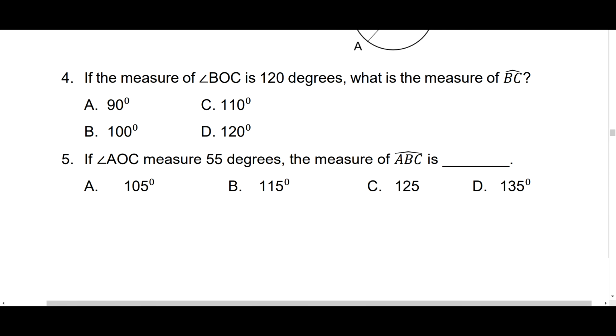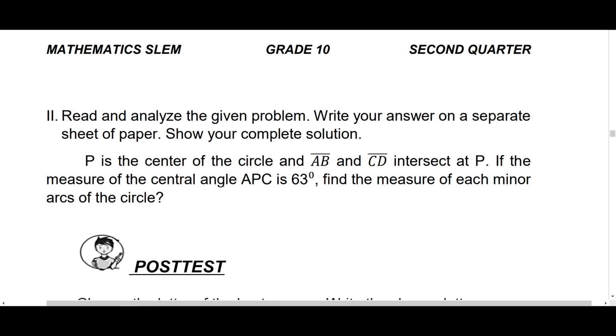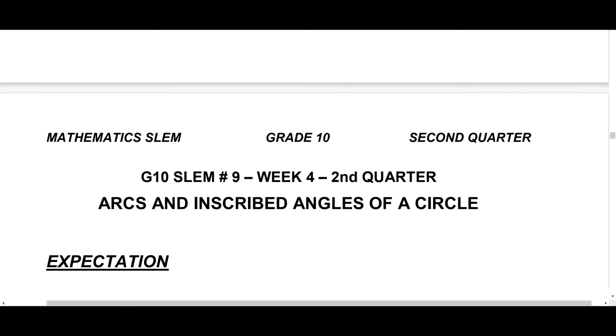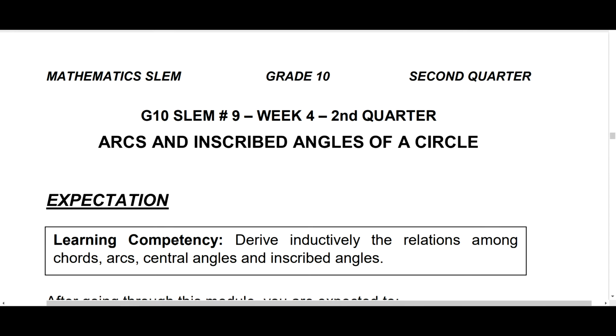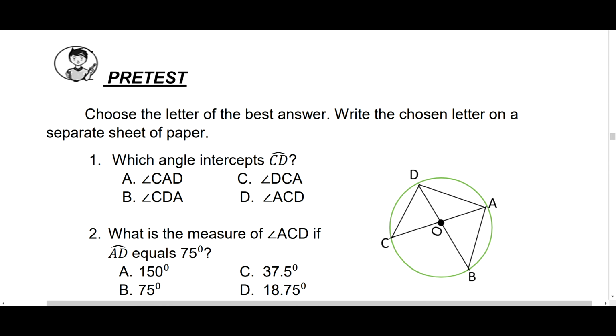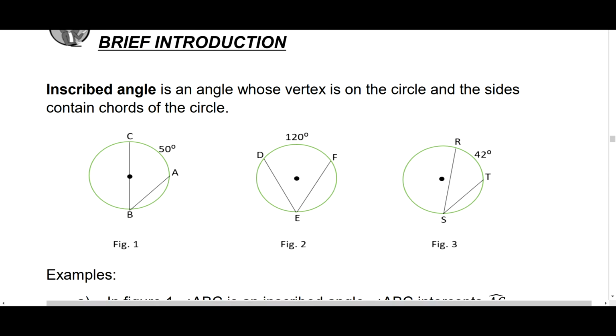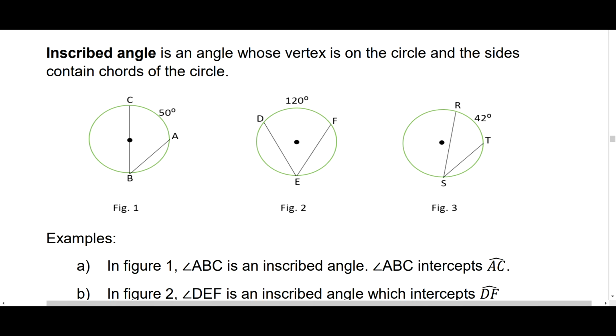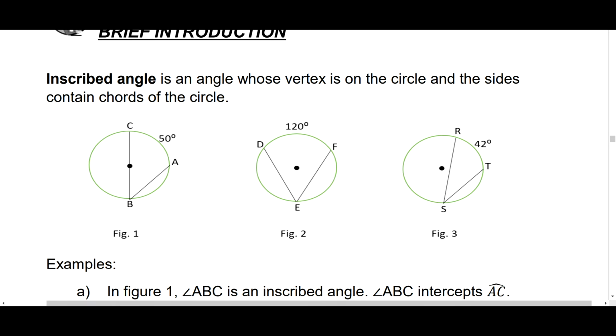Okay, let's proceed to SLEM 9. Ayan, arcs and inscribed angle. Ito medyo halo-halo na to. So, these are inscribed angle. When you say inscribed angle, this is an angle whose vertex is on the circle and the sides contain the chords of the circle. Ano lang titignan mo dito para hindi ka malito?